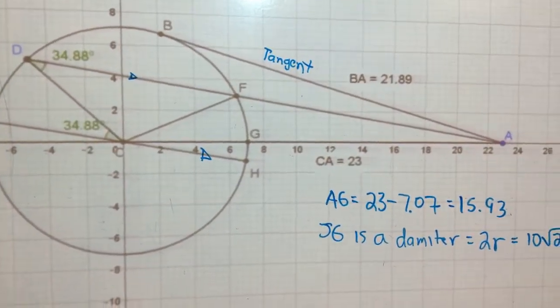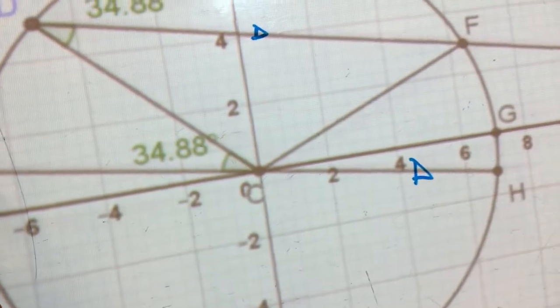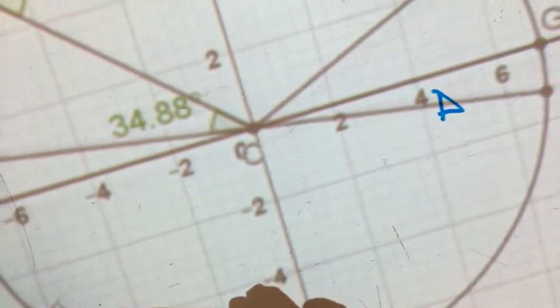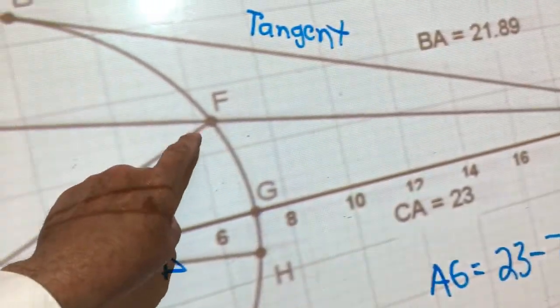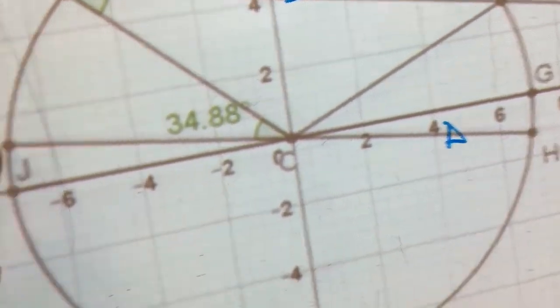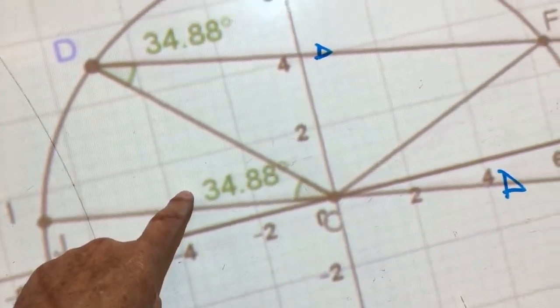I'm also given that this diameter, notice it goes through the center of the circle and connects both sides, is parallel to this chord. I'm also told that the measure of angle ICD is 34.88.